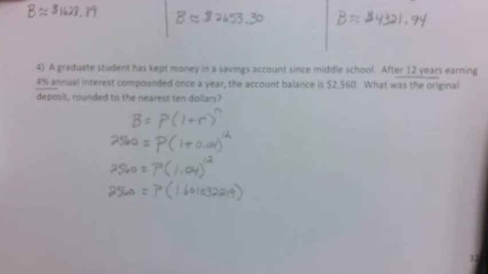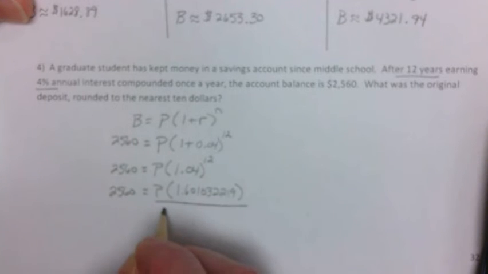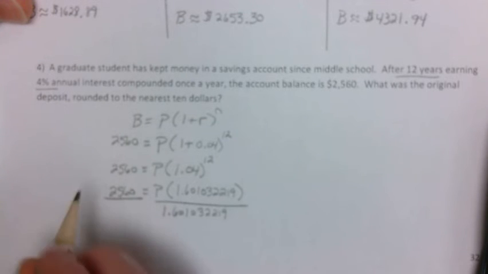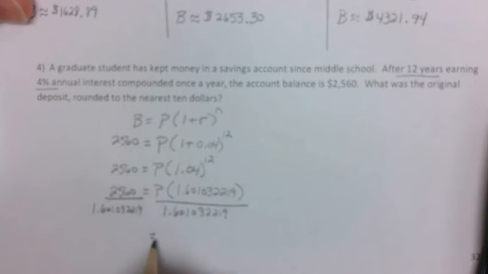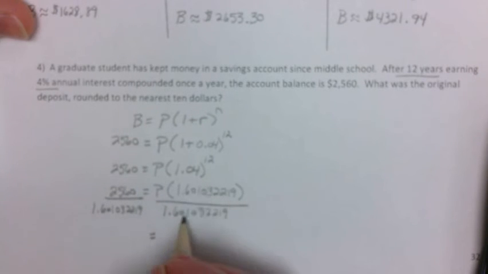Okay. And in order to get the value of P, the principal, I'm going to have to divide both sides by that number. So I'm going to divide by 1 and 601,032,219. And over here, I'm going to divide by 1 and 601,032,219.